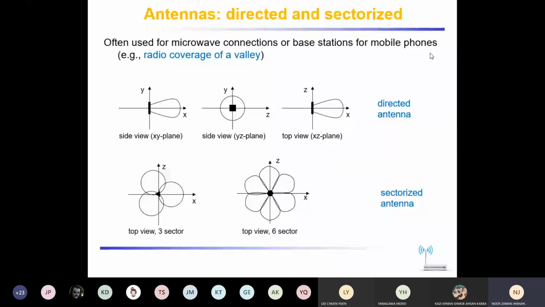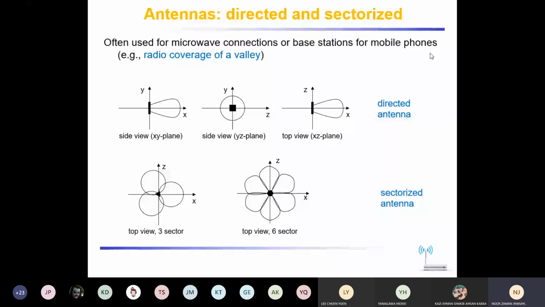And directional antennas and directed antennas are the same, working at 180. So the basic difference in working principle is that one type of antenna works at 180, covering half a circle, and the other covers a full circle, which is known as sectorized antenna, multidirectional antenna, and isotropic antenna as well.